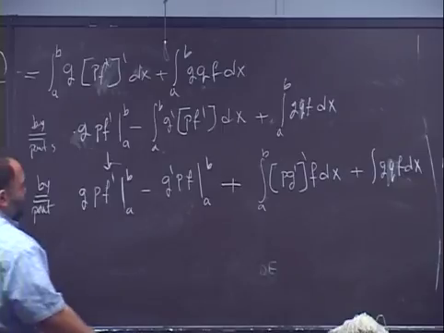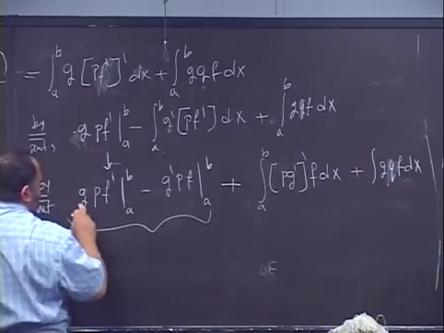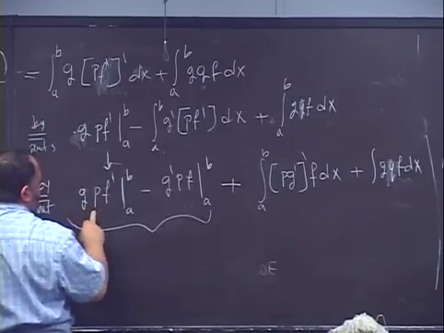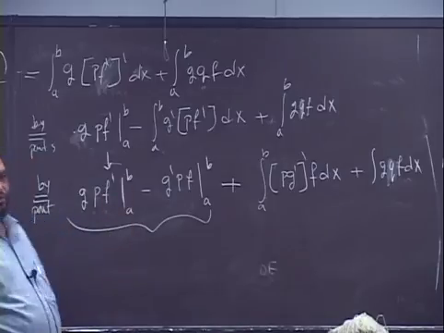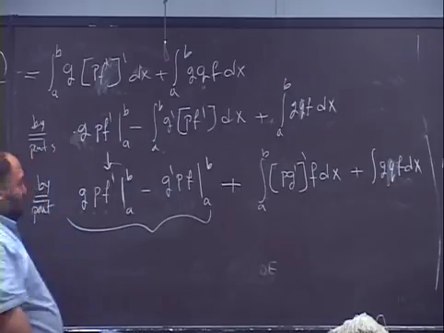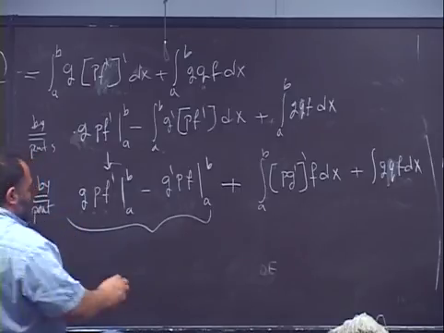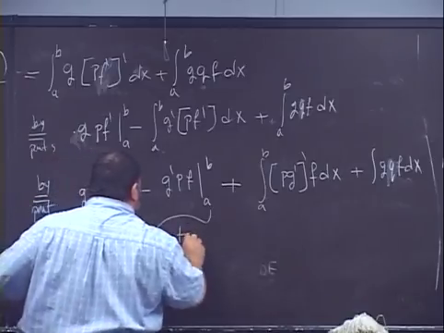So what's this? It's the function G, the function P, the function F evaluated at the borders, at A and B. So if A and B is a surface, this is the surface term.